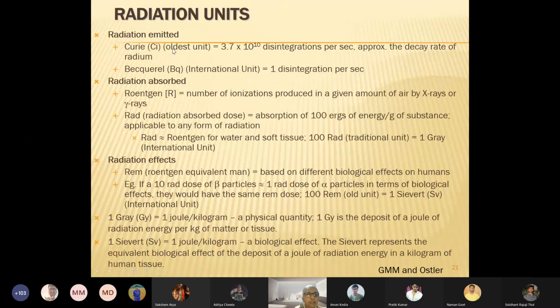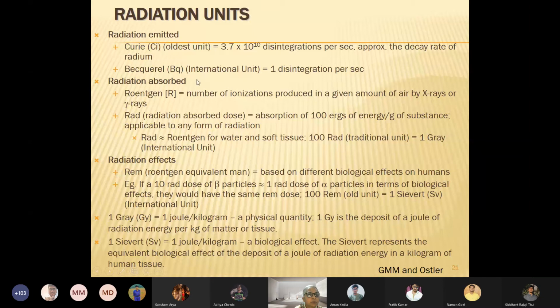Curie is now obsolete, but it was equal to 3.7 times 10 to the power 10 disintegrations per second, and this is considered the decay rate of radium. What is used today is becquerels. That's the SI unit, the Systems International unit. The short form is Bq, and that is 1 disintegration per second.